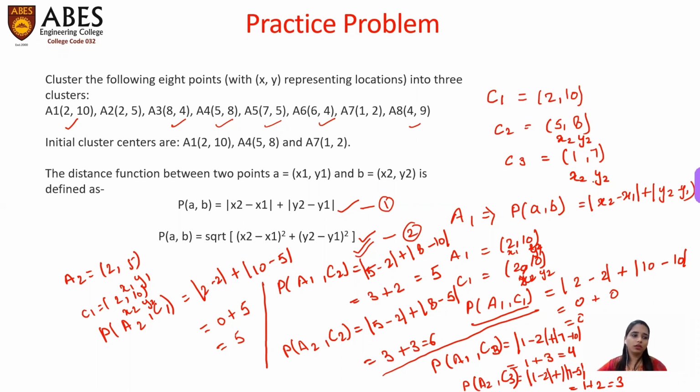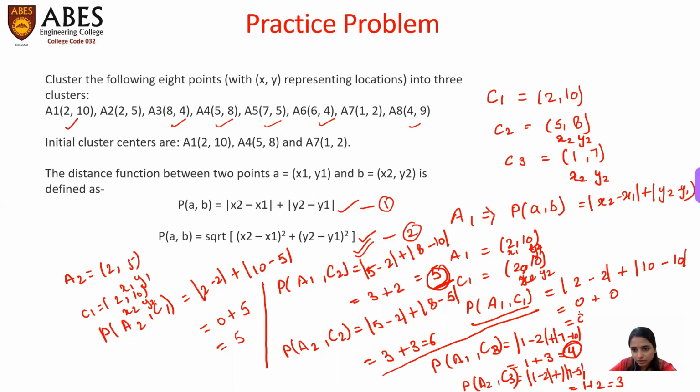So let's suppose for data point A1, we have distance from cluster 1 is 0. From cluster 2, for data point 1, we have distance 5. For data point A1 from cluster center 3, we have distance 4.